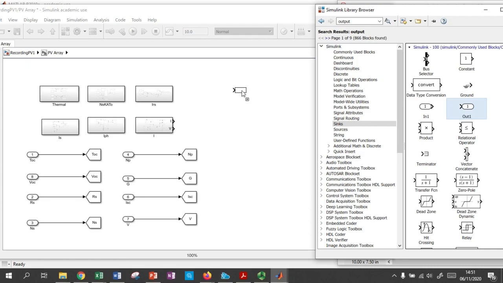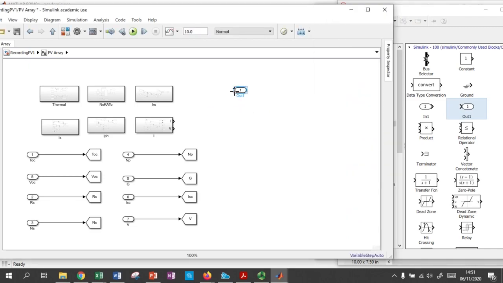Yes, this is an output port. Then this output port is considered as the current, and the other one, Control C, is voltage.